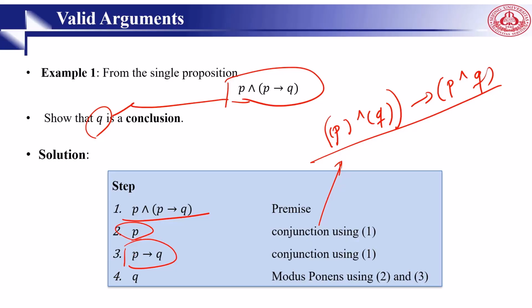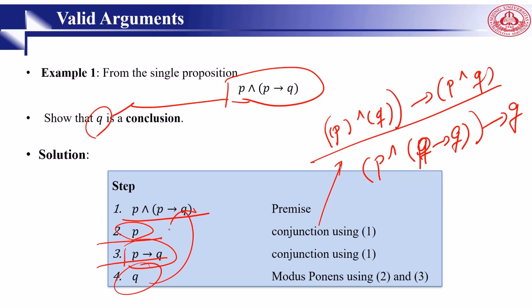We can come up with P implies Q. And using modus ponens, what was modus ponens? P and P implies Q, all implies Q, right? And based on these 2 and 3 that we found here, we can say that, okay, Q can be concluded from this one, right? So here you can see P and P implies Q. P implies Q means P is okay, right? So then P is here, and then we can come to Q based on this modus ponens.